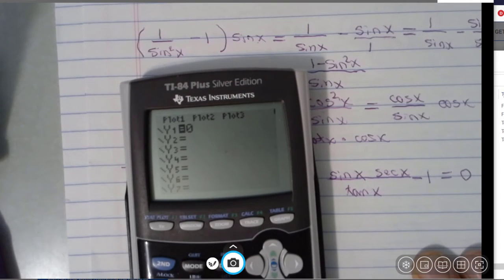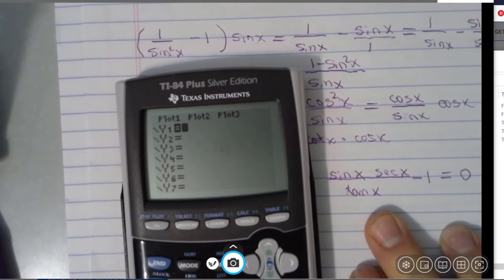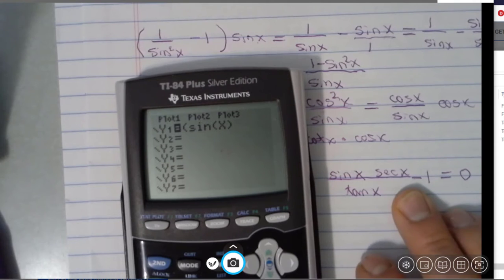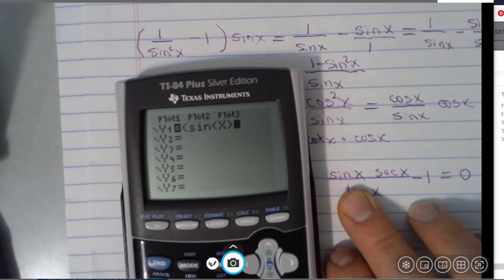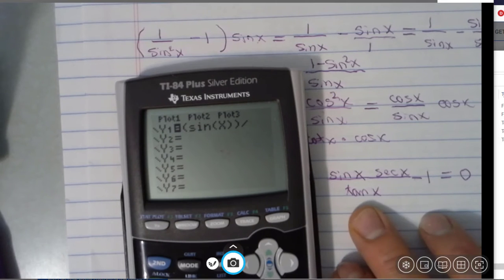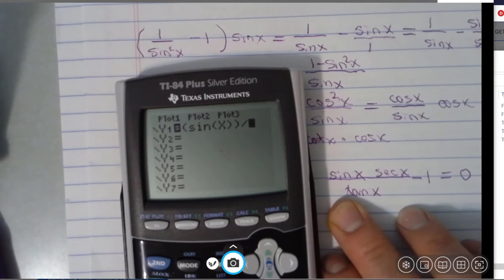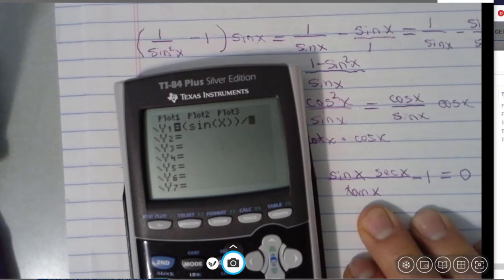I'm going to go to the y equals menu, and I'm going to make this fraction sine of x times the secant of x. Now the secant of x is 1 over the cosine, right? So I'm going to have to write this with sine on the top, and then cosine and tangent on the bottom.